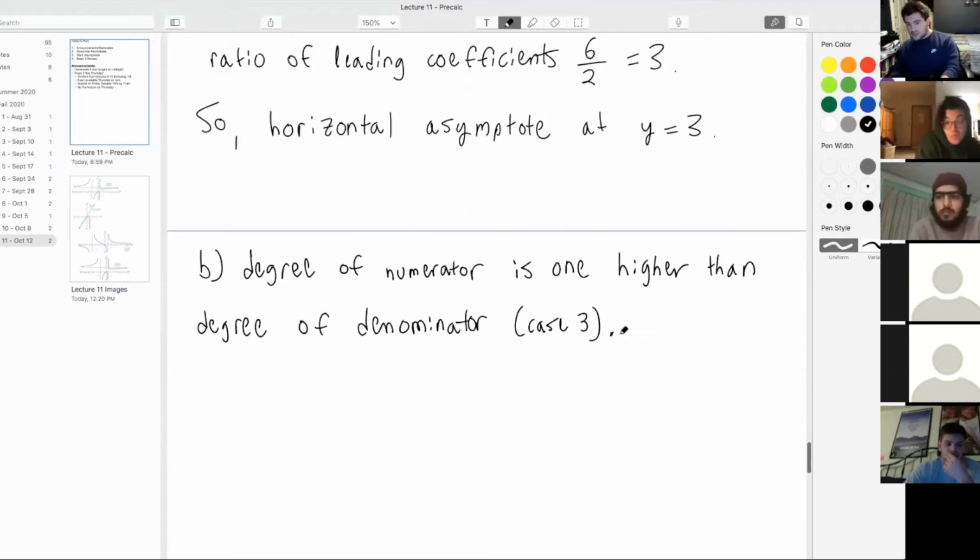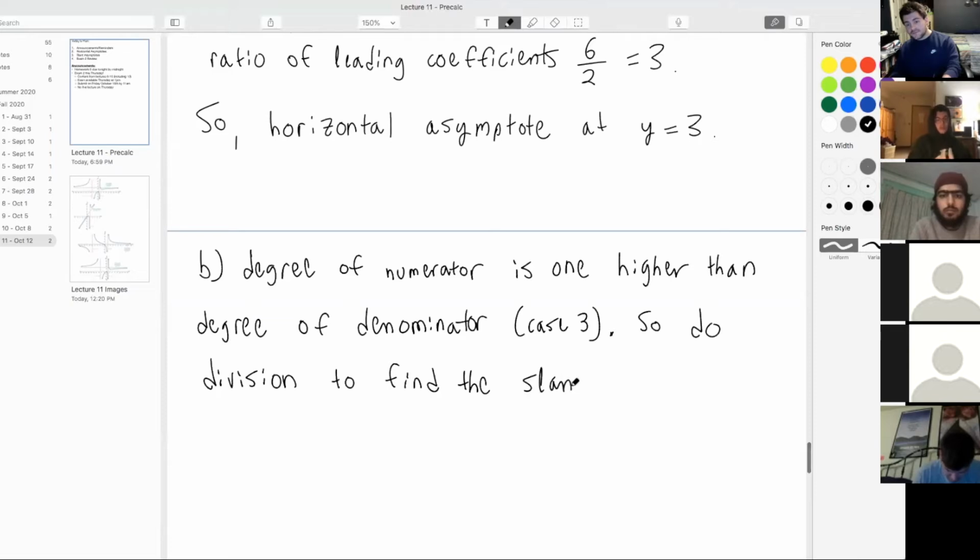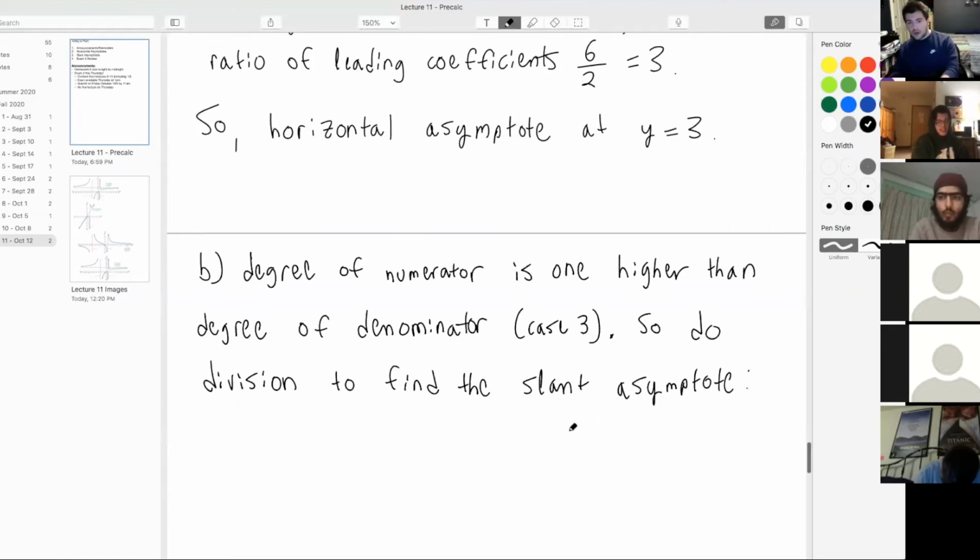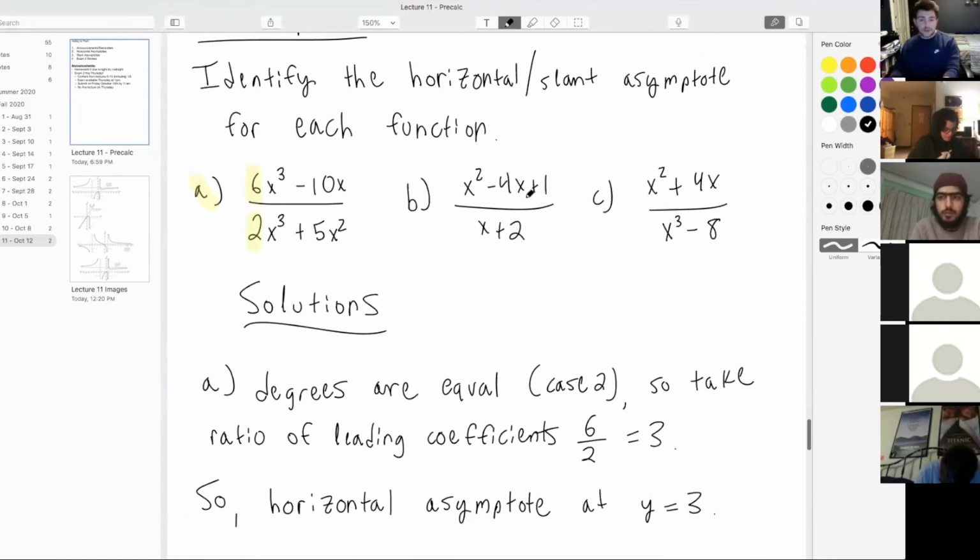So what do you do here? You have to do division. So do division to find the slant asymptote, okay? All right, well, here we go. We just have to carry out this polynomial division.